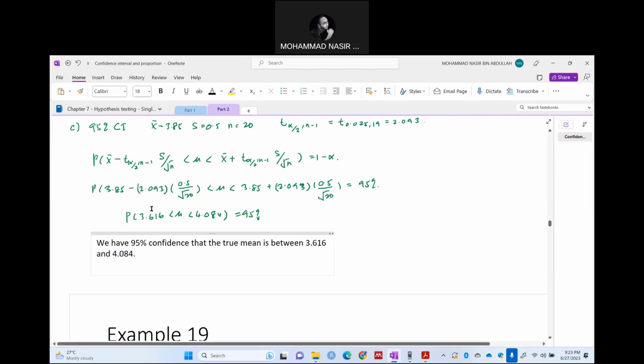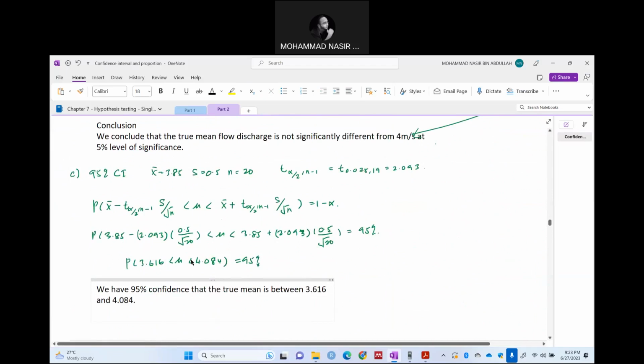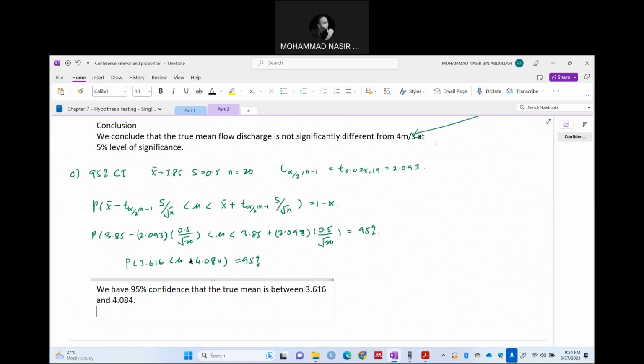So based on the null hypothesis testing, we are testing mu not equal to 4, right? Since 4 is inside the interval, we accept the null hypothesis, meaning that there is no significant difference. Okay? Boleh?